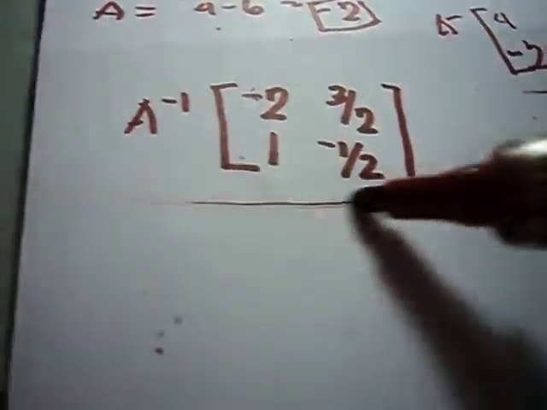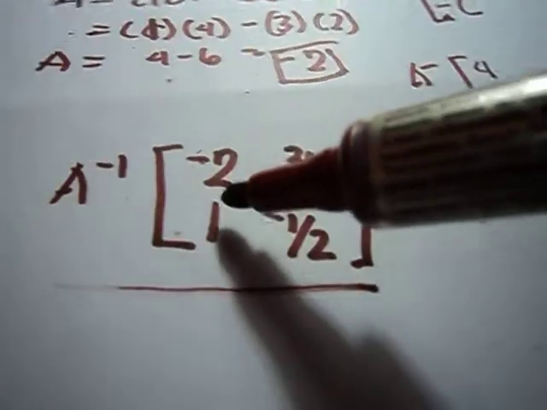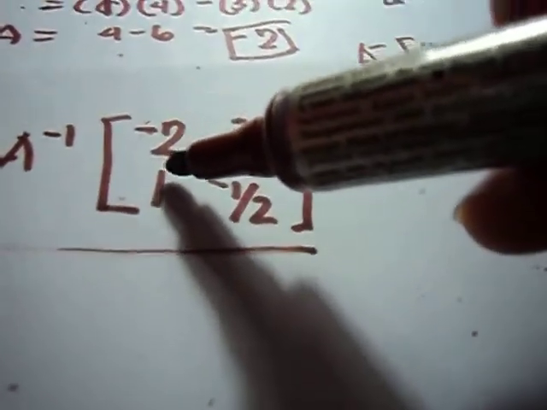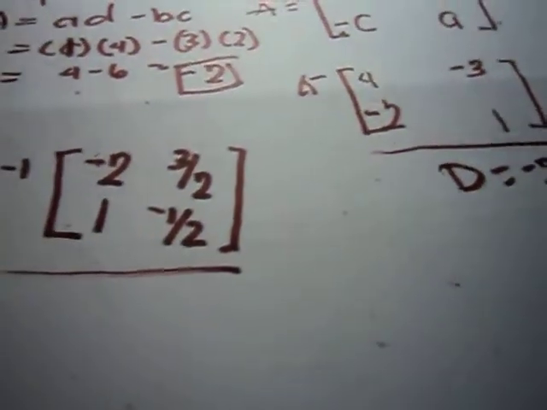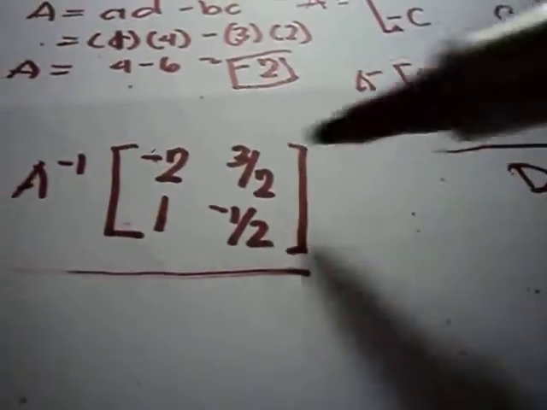So this is now the inverse of this matrix. So our inverse is composed of the entries negative 2 and 1 on the first column, and positive 3 over 2 and negative 1/2 on the second column.